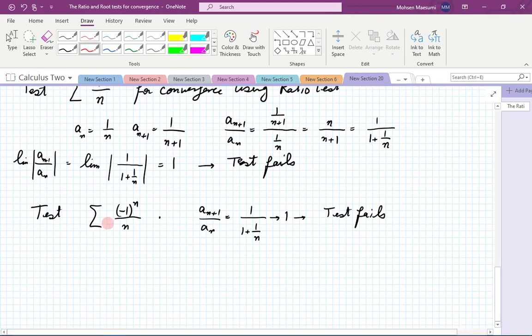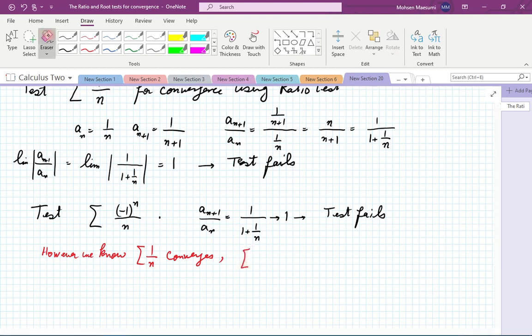So the ratio test is mute in both cases, but however we know from some other test what the results are.